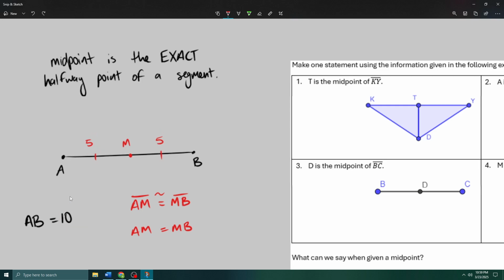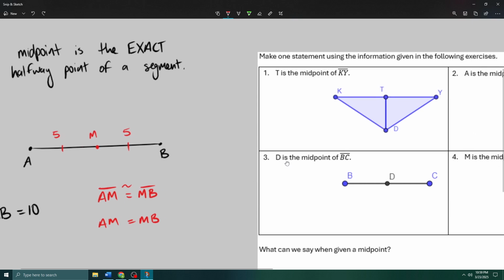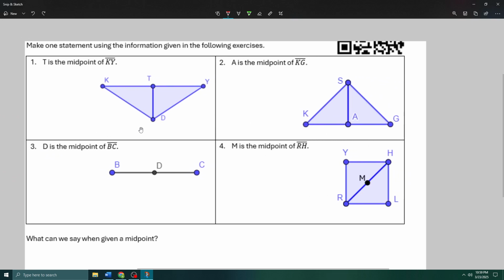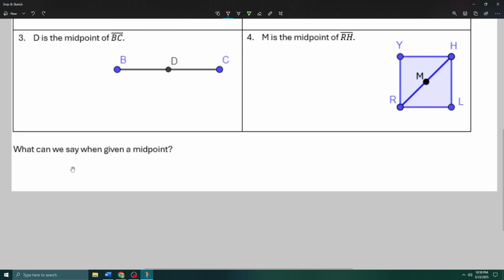Not too bad, right? So again, as geometry students, anybody can copy down the stuff that I write, but you guys should have the unique ability to take the words I say and synthesize it and think, how am I going to use this in the context of triangle congruence, right? So what can we say when we're given a midpoint? We certainly know that two segments are going to be congruent, and maybe those segments will be sides, right?